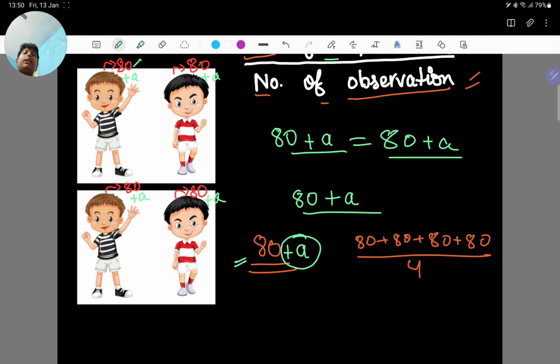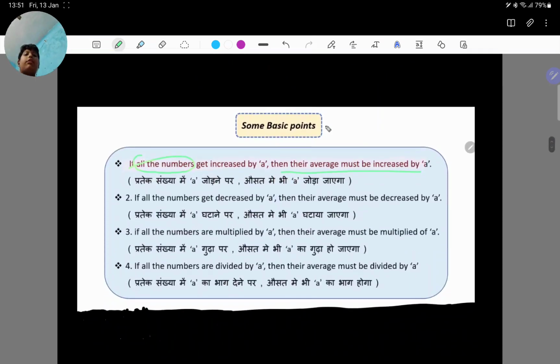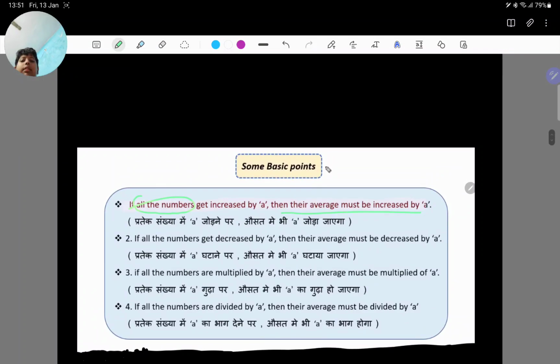We'll be looking at it when we do the questions in another video. So this time we have 80 plus a multiplied by 4, so 4 and 4 will be cut. The left out will be 80 plus a. I think you have understood that the average would be increased by a.